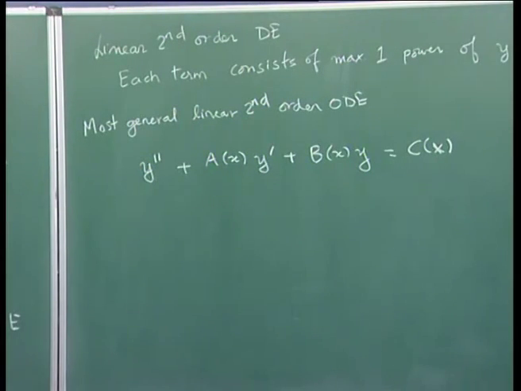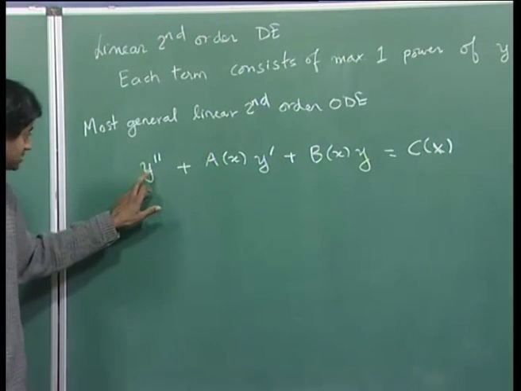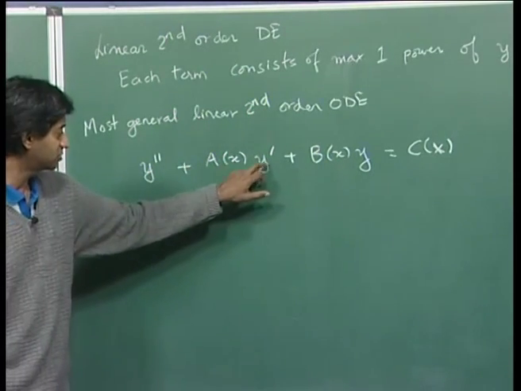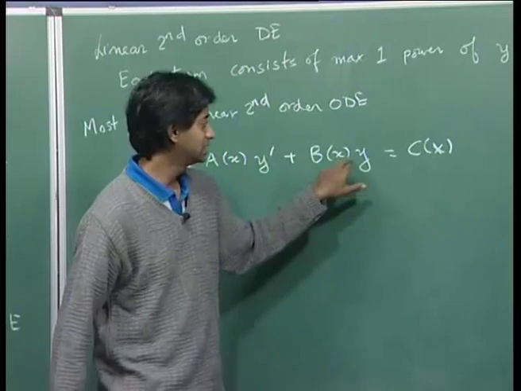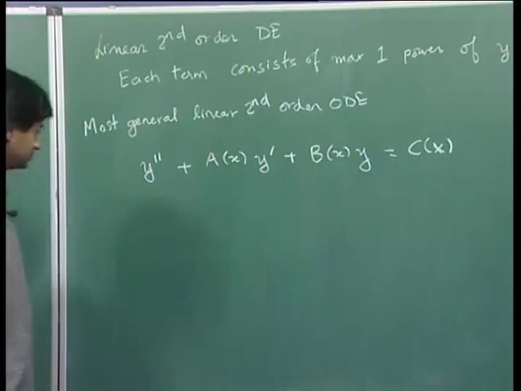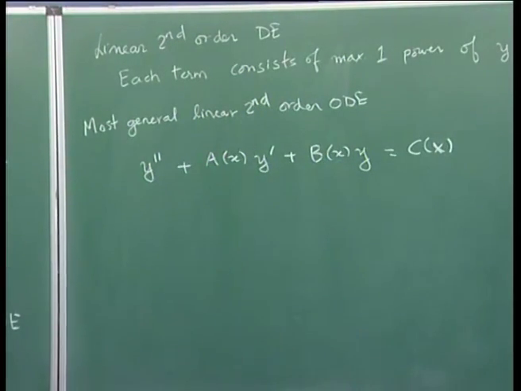This contains the second derivative of y, this contains the first derivative of y and some function of x, this contains y and some function of x, and this contains a function of x alone. So, this is the most general linear second order ordinary differential equation.